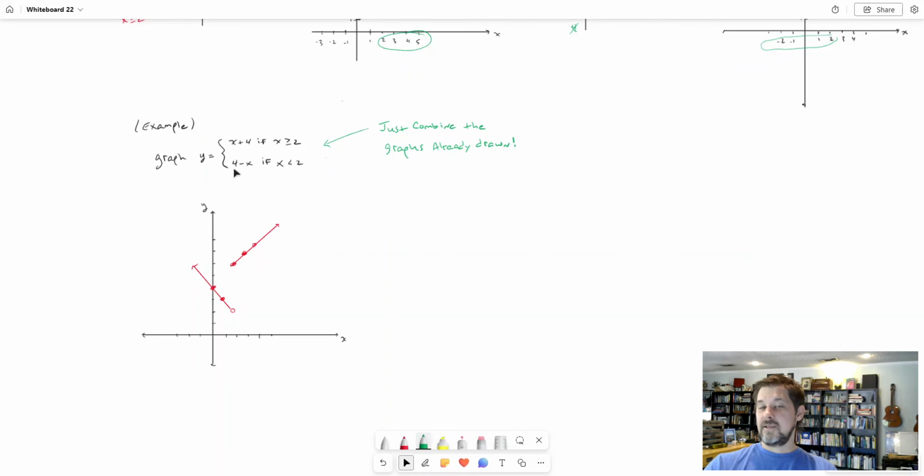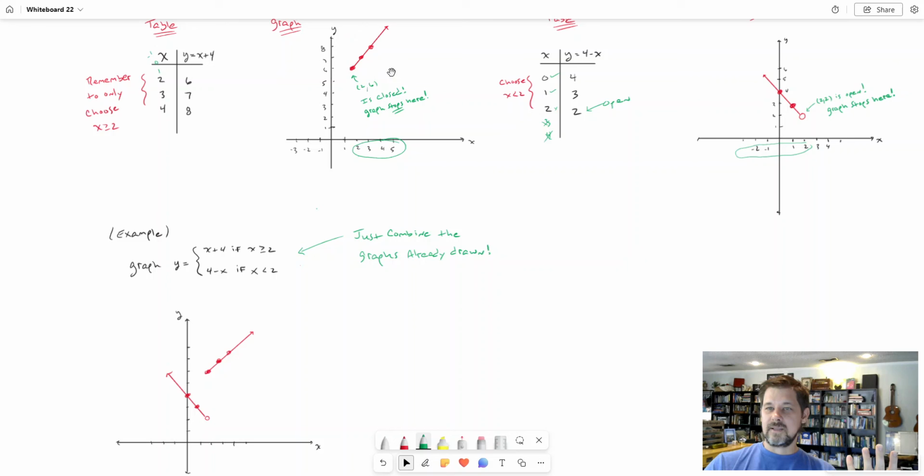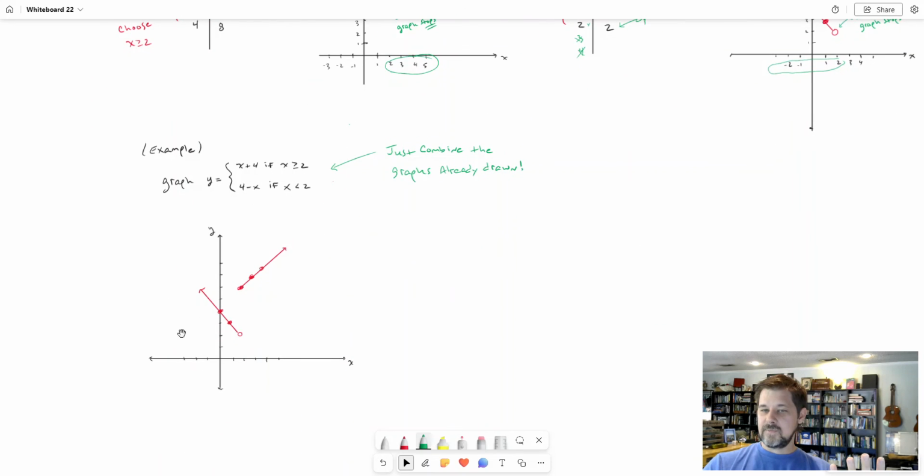So if we saw anything more complicated like this one, we could just think about these individually, considering on top of that which point should be closed and which point should be open. So what you're looking at here is nothing but this line with those points on it, and this line with those points on it.